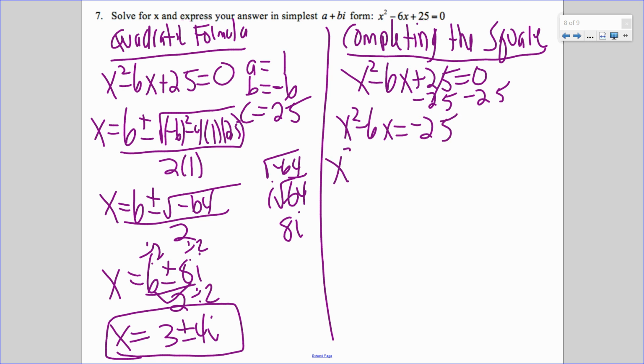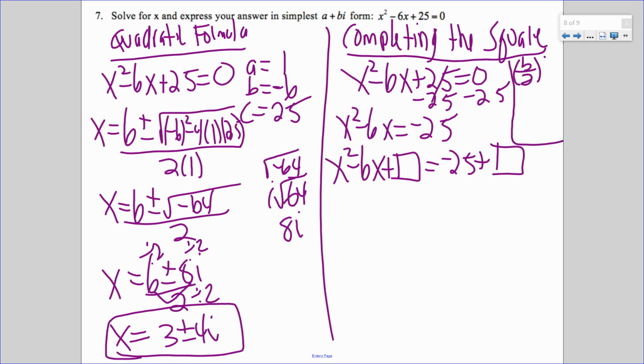So I'm going to make my blank square on both sides. To determine what goes inside, it's b over 2 squared. In this case, b is negative 6 over 2 squared. That's negative 3 squared, which is 9.